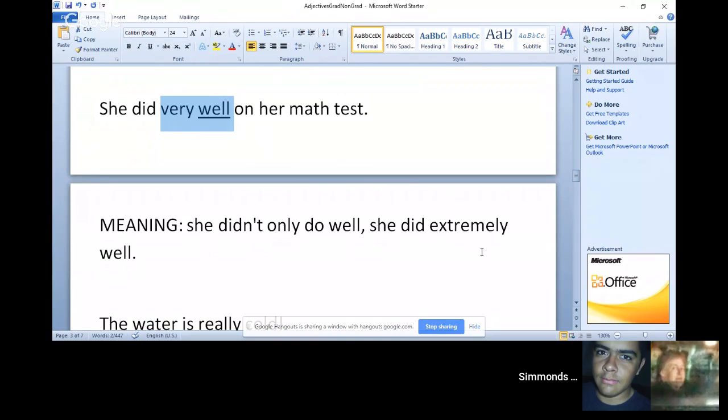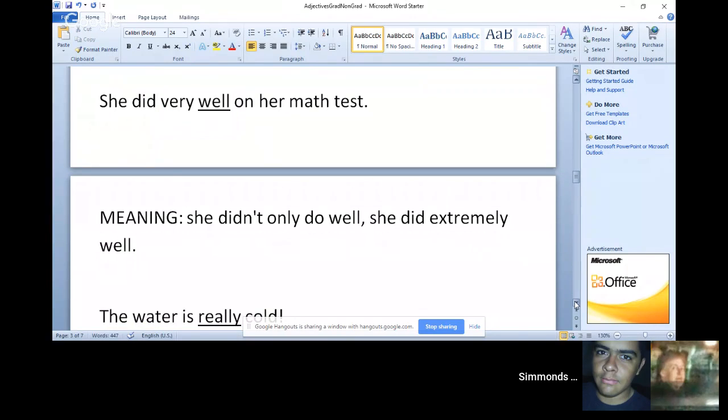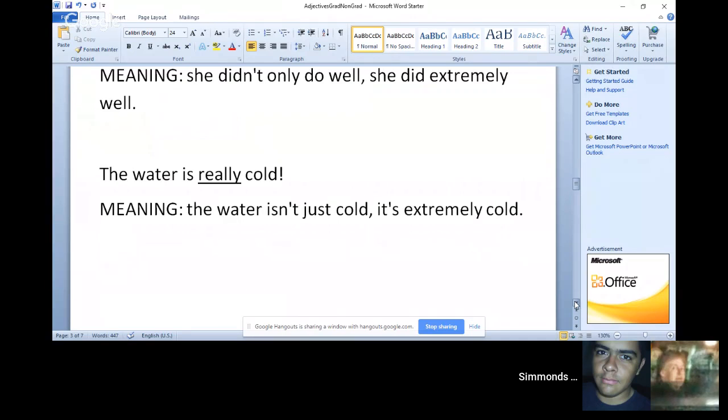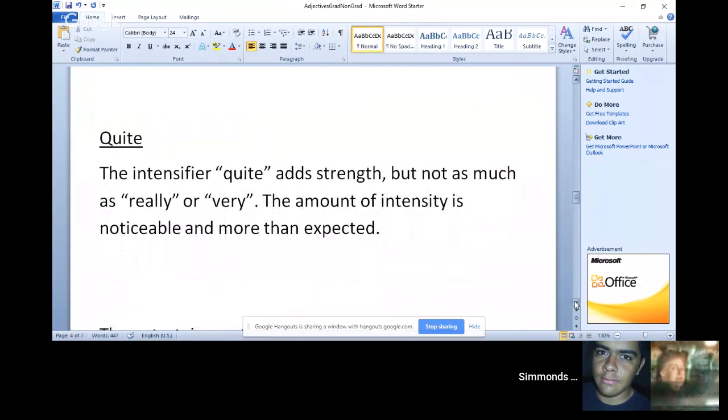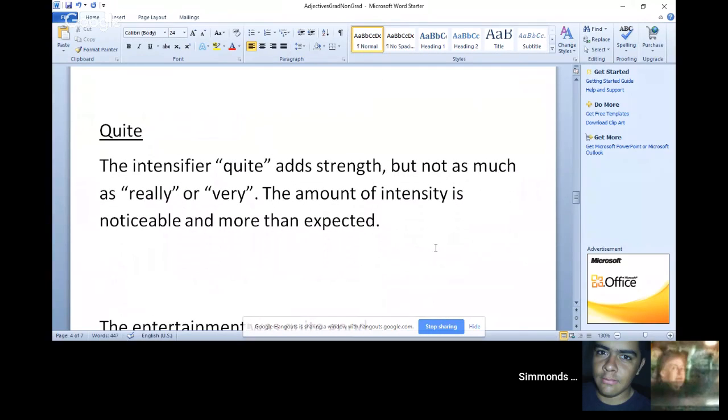Okay, let's continue on. All right, so quite. The intensifier quite adds strength, but not as much as really or very. The amount of intensity is noticeable and more than expected.